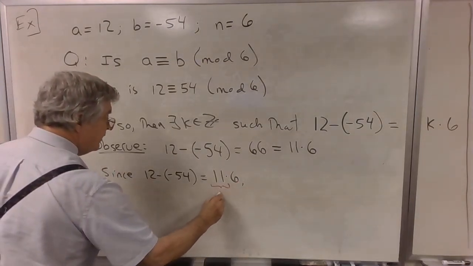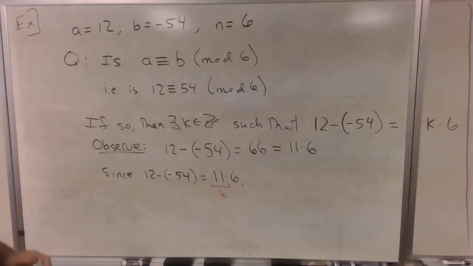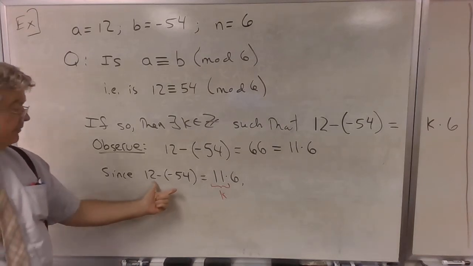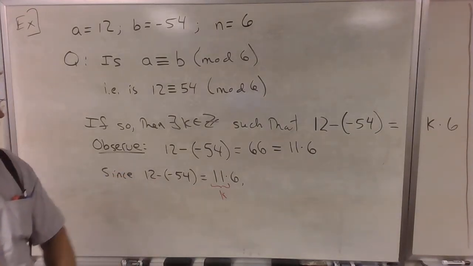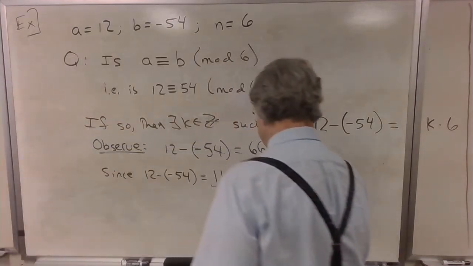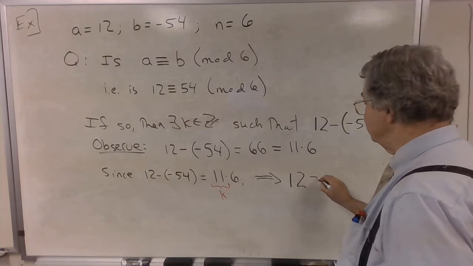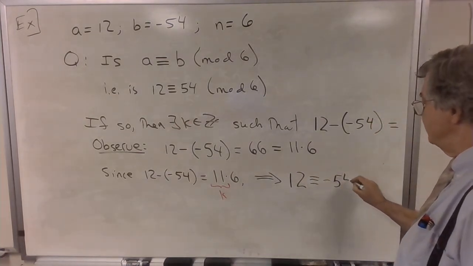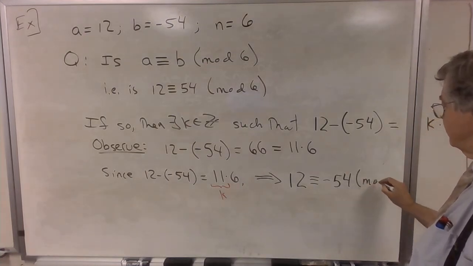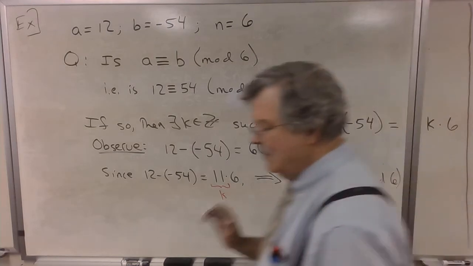So this is our integer k. The difference of 12 and negative 54 is a whole number multiple of 6. So they are congruent. 12 is congruent to negative 54 modulo 6. One more example.